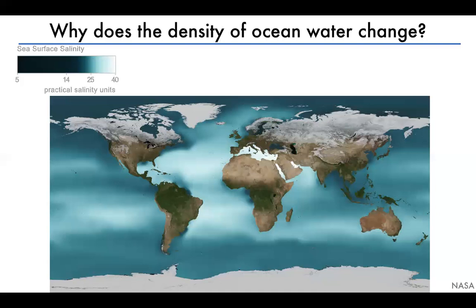And so as we think about how density changes and why density changes, we want to be thinking about both of those things, because that's what's really going to help us understand what's going on in the ocean. So that is a preliminary introduction to temperature and salinity and how they affect density.